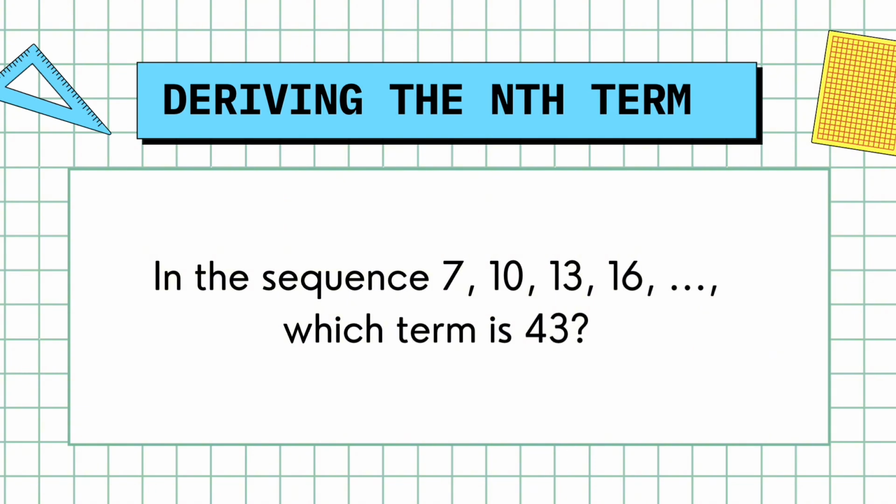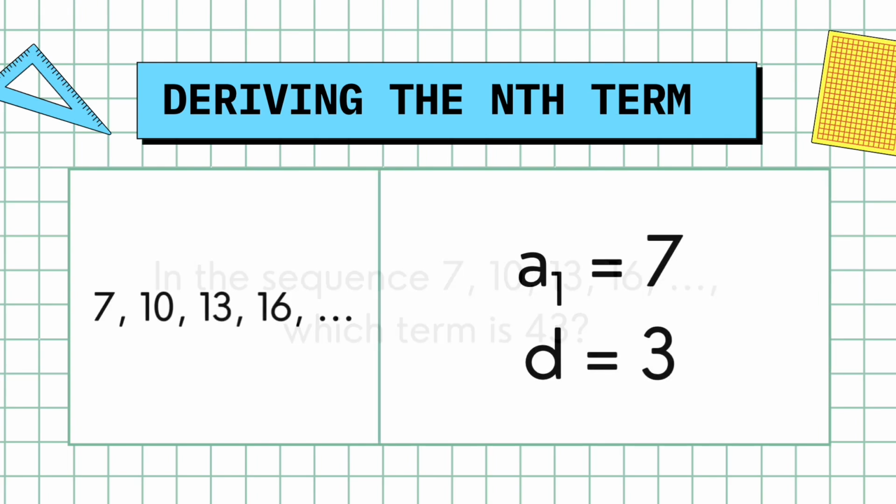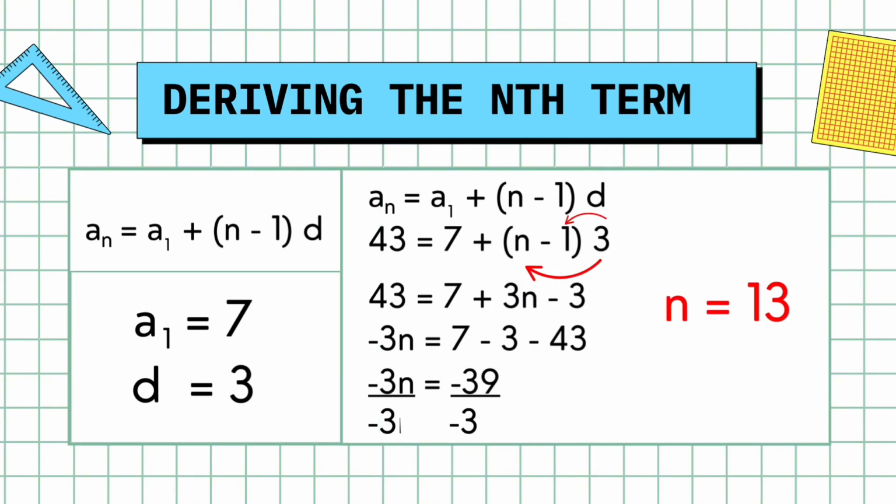Next, we have in the sequence 7, 10, 13, and 16. Which term is 43? So again, we will get our given and then substitute it to the formula. Our a sub 1 is 7, our d is 3, and then we plug it in. 43 is equal to 7 plus the quantity of n minus 1 times 3, and then we distribute 3 and combine similar terms.